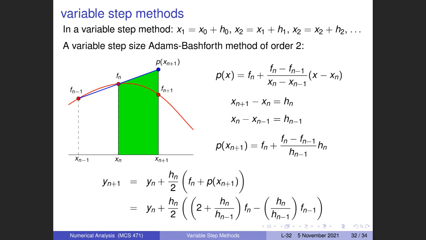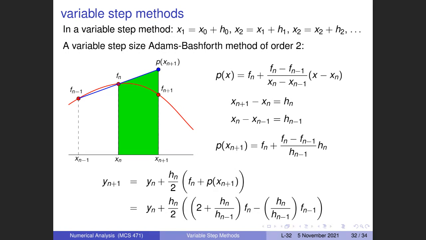So here is a picture again of the Adams-Bashforth method. The picture is the same. Basically imagine the differences between the points between xn and xn minus 1, and xn with xn plus 1. They can have different step sizes. We are using different values, different step sizes.